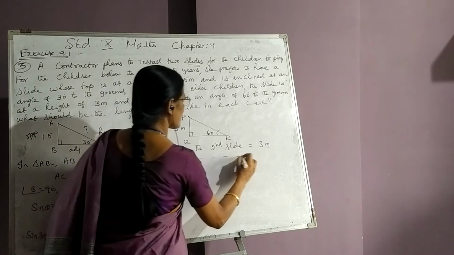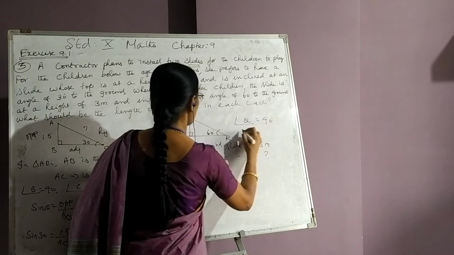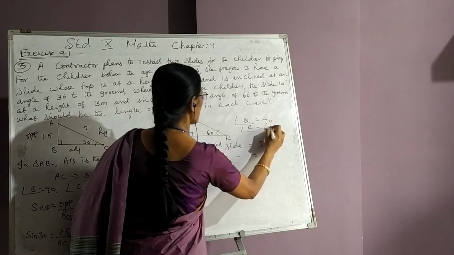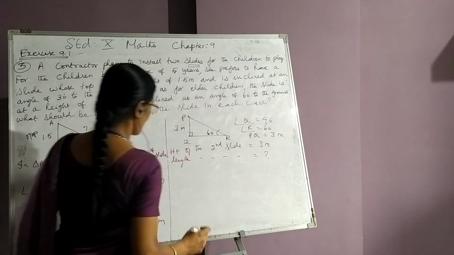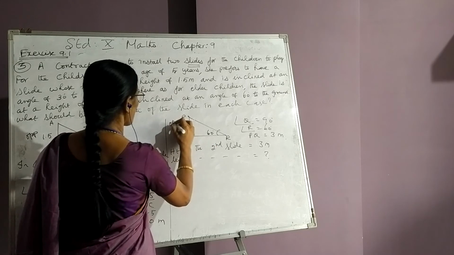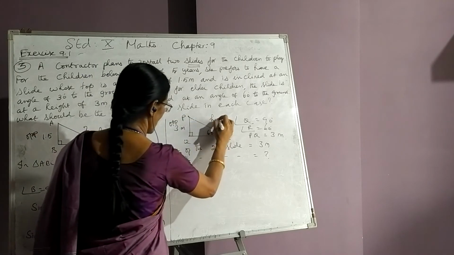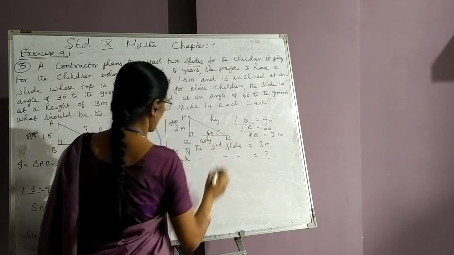Length of the second slide is asked. Angle Q is 90 degree. R equal to 60 degree. Given PQ is equal to 3 meters. Considering this as the given angle, this becomes our opposite side. This is hypotenuse, taking this as 90 degree, and this is our adjacent side.